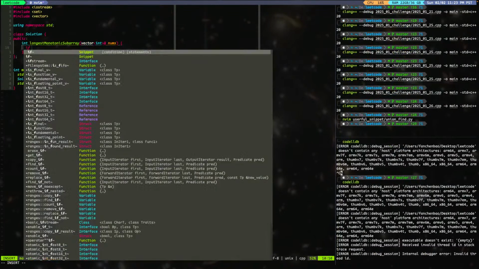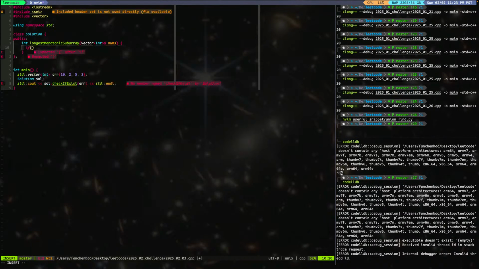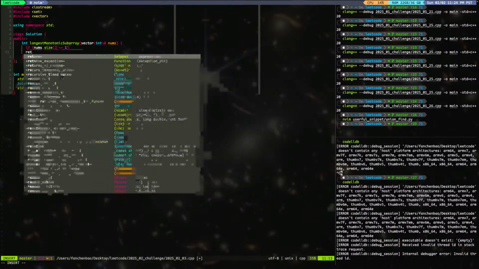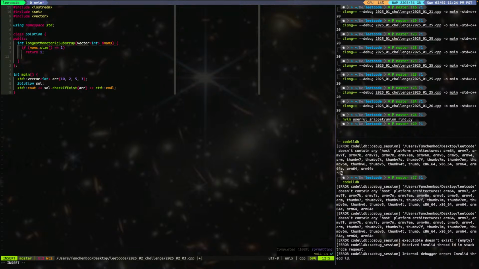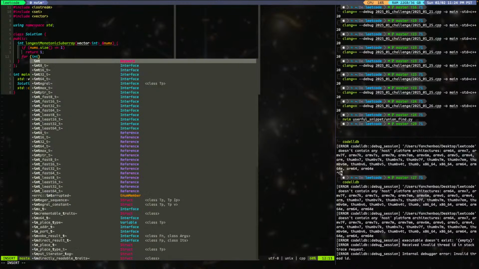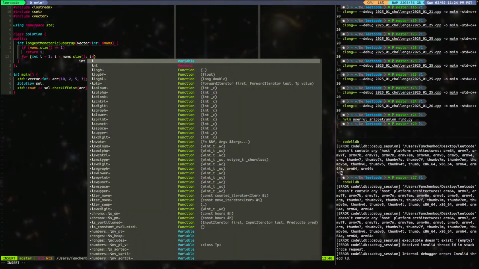So if nums dot size is 1, return 1. Right, there's no question about it. And then we say for int i, while i is smaller than nums dot size, i plus plus.